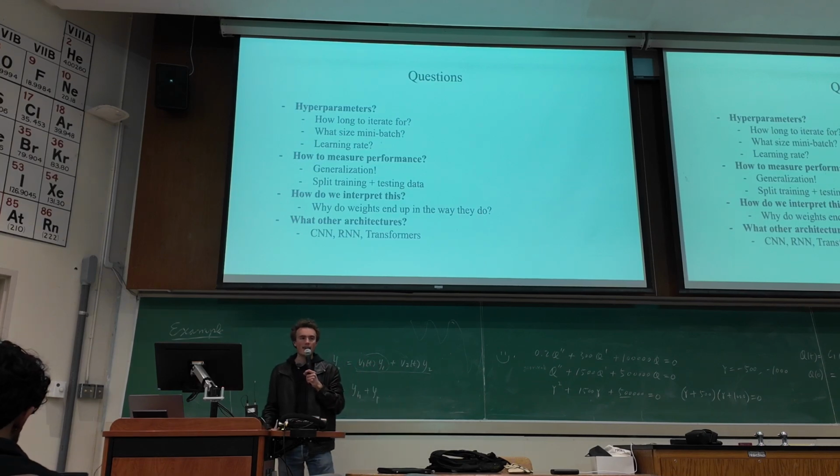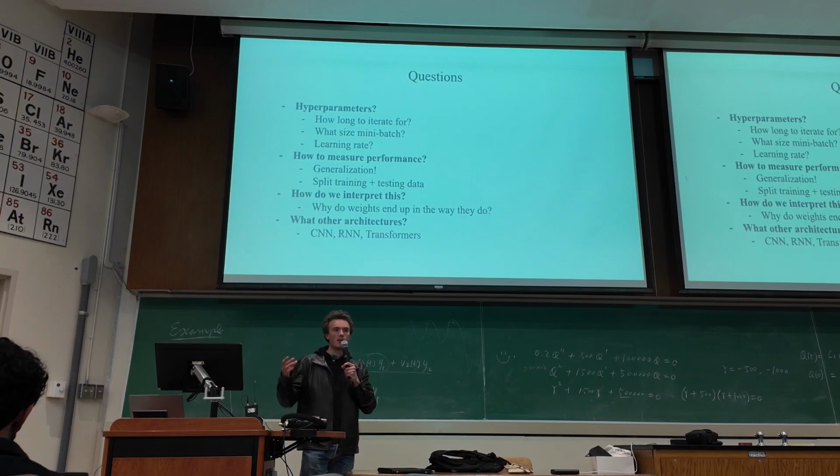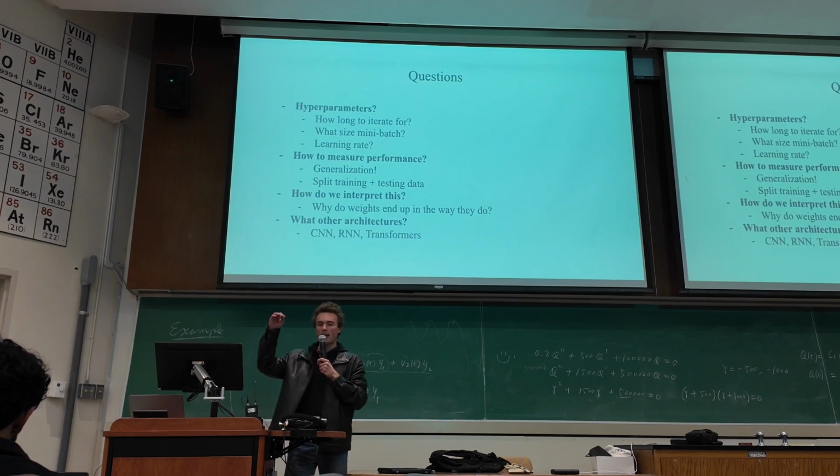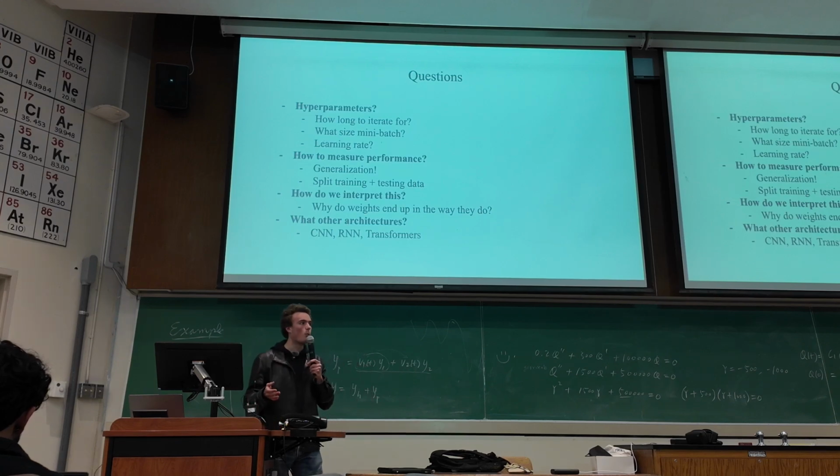I can't really explain to you why this weight ended up as 3.2. Our calculation of the gradients led to some minimum in the loss, but why is that the case? We don't really know. It's a black box.